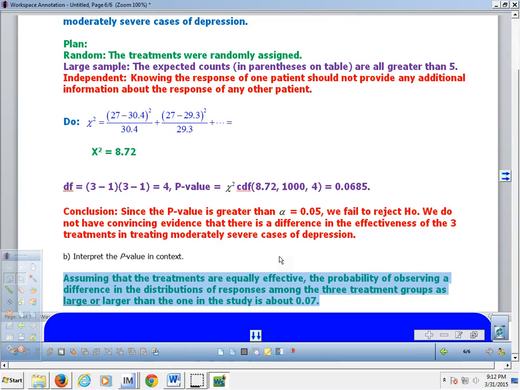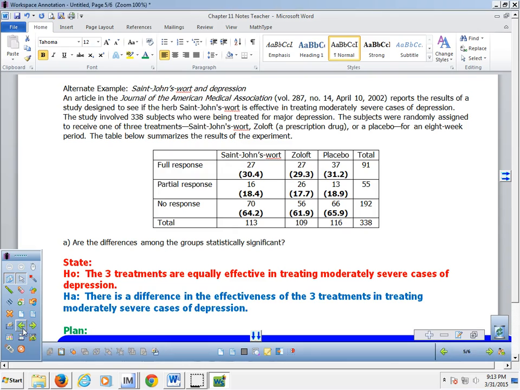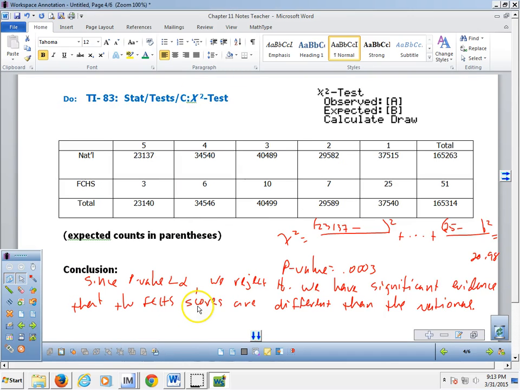Now, if we do reject the null, like we did back here in our AP exam score distributions, so now we have enough evidence to suggest that the FCHS scores are distributed differently than the national.